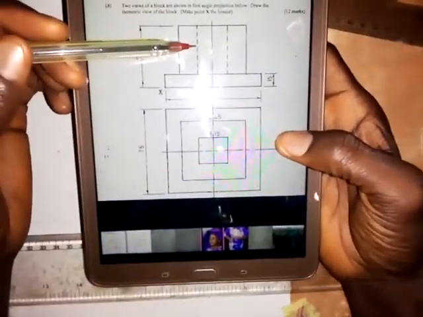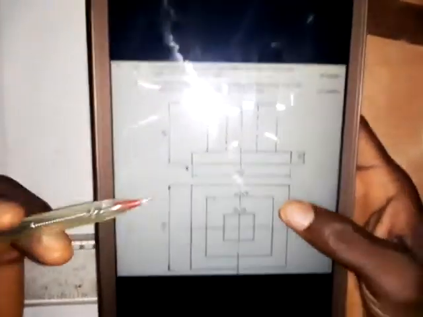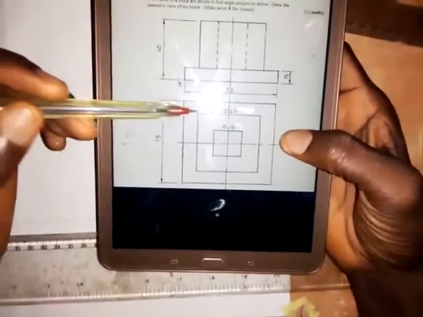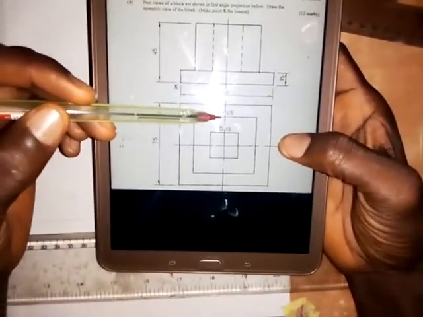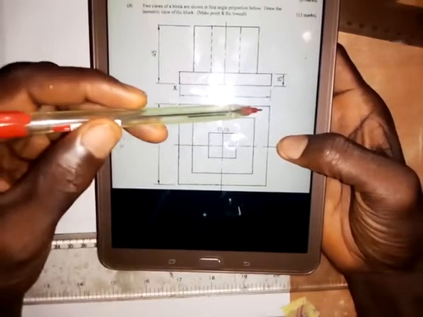Now let's look at what we have here. So we want to put this top part on it. This is the base. So we want to put this part that is placed on the base on it. As I said, the length from here to here is 45 and from here to here is 75.